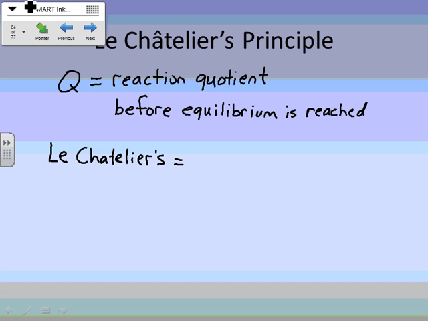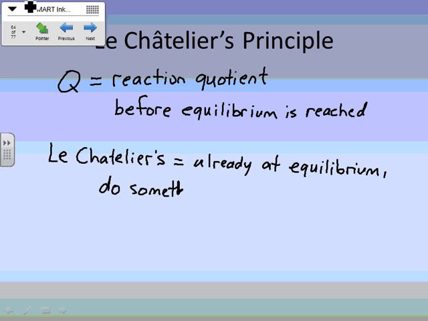Le Chatelier is a situation where we're already at equilibrium. And then we do something to disturb the equilibrium. Okay, and there are several things we can do to mess with it. All right, but from the very beginning, I want you to understand the difference between these two.